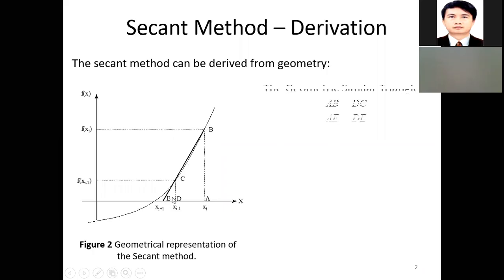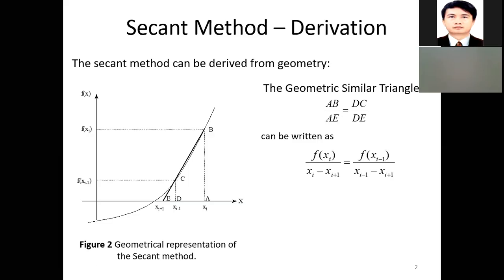From the geometry, using similar triangles, we can generate this equation. Segment AB over AE is equal to segment CD over DE. We can rewrite this equation in this form. AB is the same as the value of f of x sub i, and AE is just the difference between the two x values, x sub i minus x sub i plus 1.